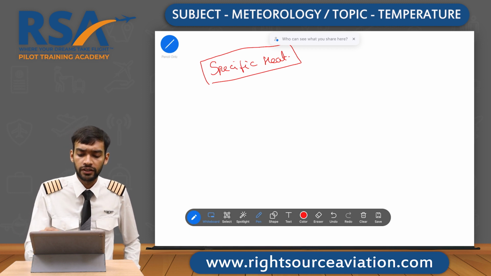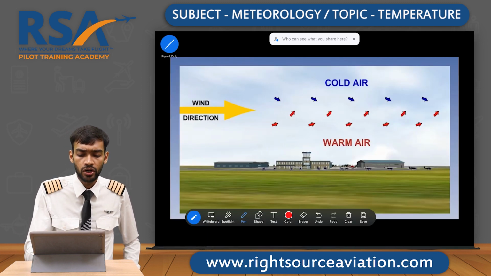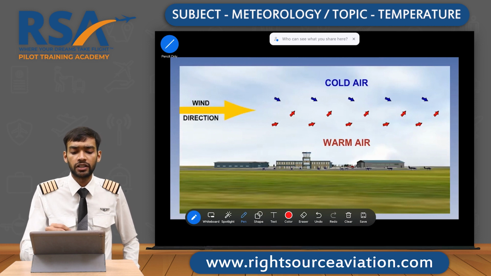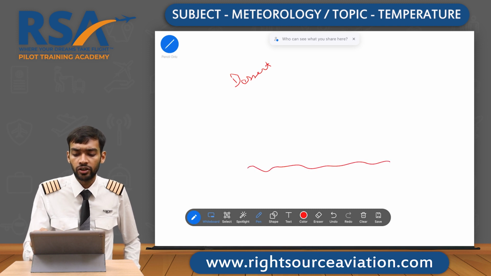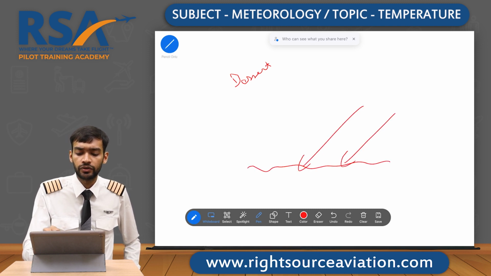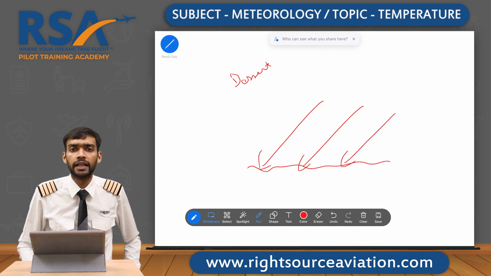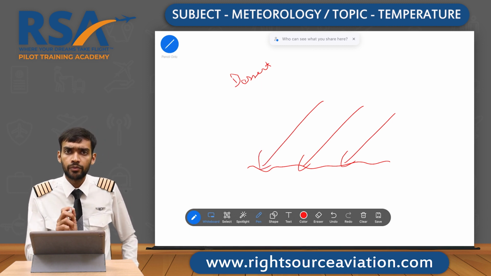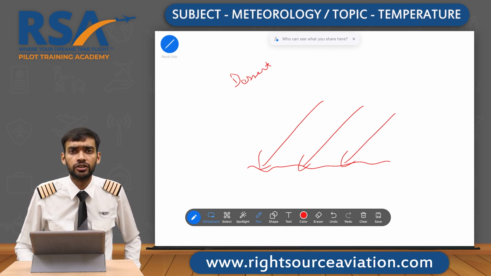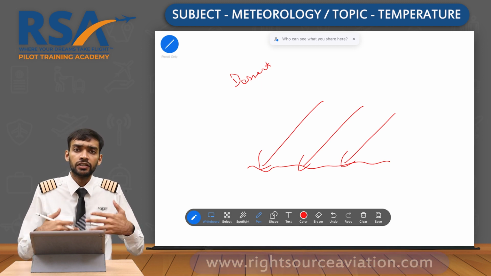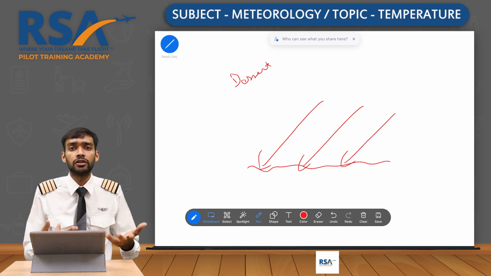So you will write down this definition on the left hand side of the book, and now we will understand what happens to the desert place. Now if there is a desert place, sand has lower specific heat to be absorbed. That means to change the temperature of a desert place by 1 degree Celsius, they require very little heat energy, and that little heat energy will make the temperature change much faster.